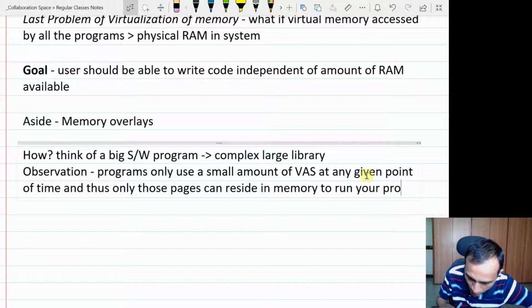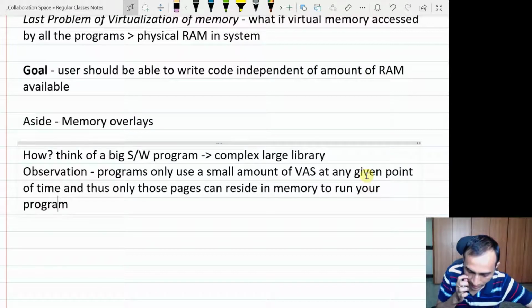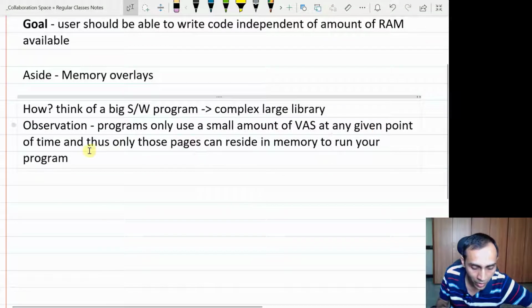You don't need to keep the entire code and entire data of your program available simultaneously in memory in order to start running your program.